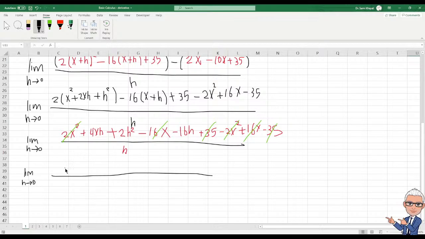Remaining here we have 4xh plus 2h squared minus 16h, all over h.